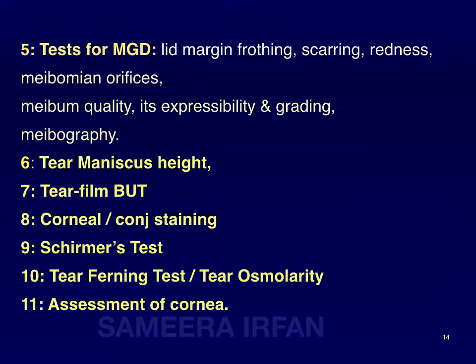The tear meniscus height is an important index of the severity of a dry eye, and it should be measured, and its clarity should be noted, that it is without any debris. Then the tear film breakup time, corneal or conjunctival staining, Schirmer's test, they are all given in detail in the remaining sections of the chronicle.